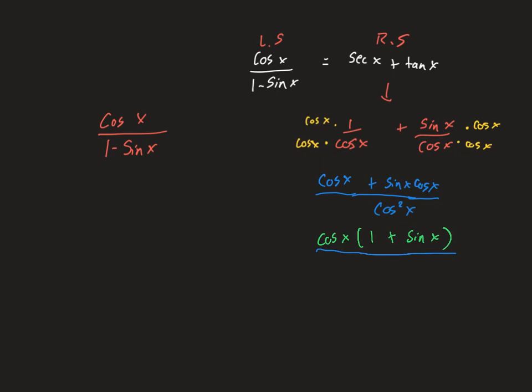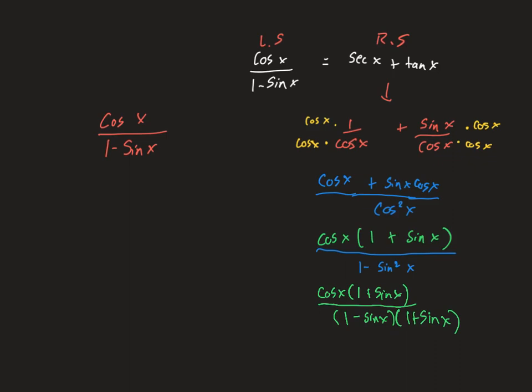Okay, and on the bottom, cos squared x is the same thing as saying 1 minus sine squared x. It's from one of my identities. Now, I also know 1 is a perfect square. Sine squared x is a perfect square, and there's a minus in the middle, so this is a difference of squares. So I can turn this into 1 minus sine x, 1 plus sine x. See why I needed a new page for this. Okay.